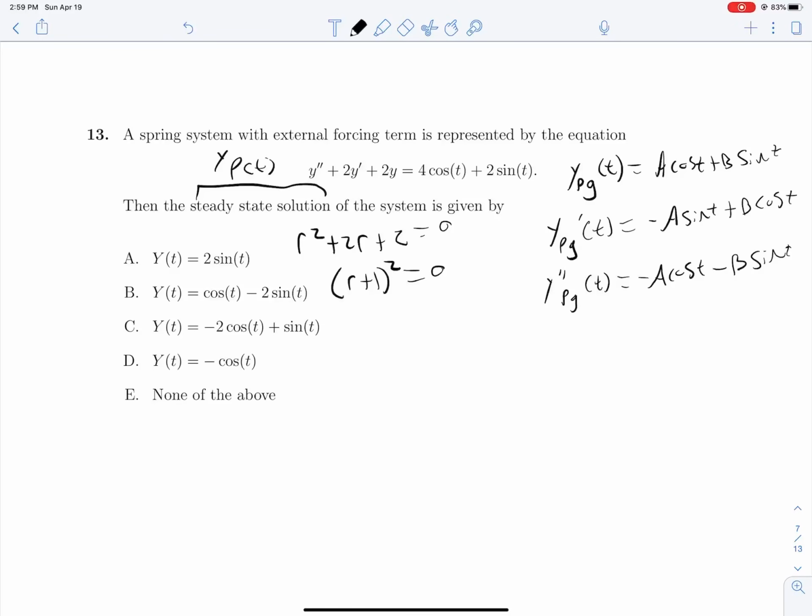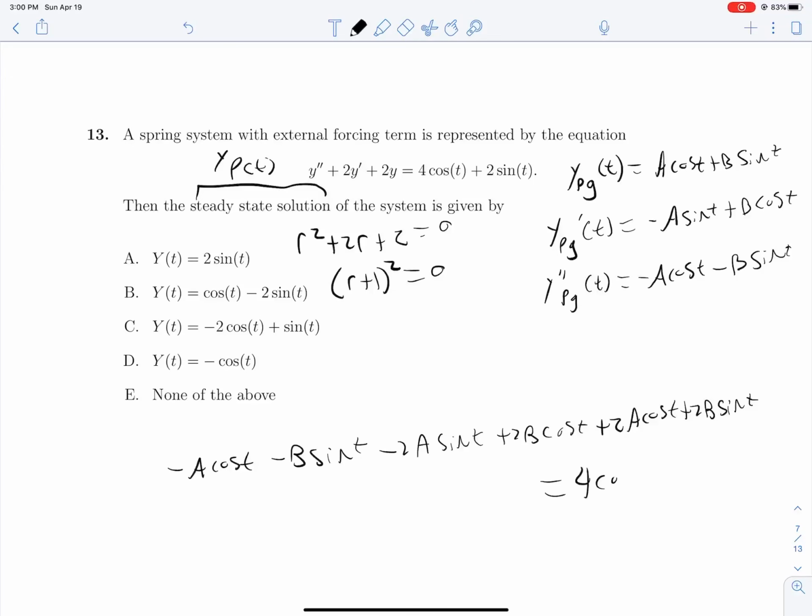Plugging these into our equation up here, we get negative a cosine t minus b sine t minus 2a sine t plus 2b cosine t plus 2a cosine t plus 2b sine t is equal to 4 cosine t plus 2 sine t.